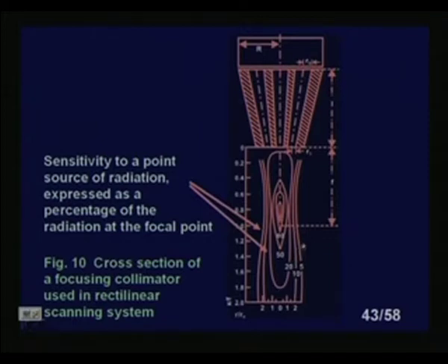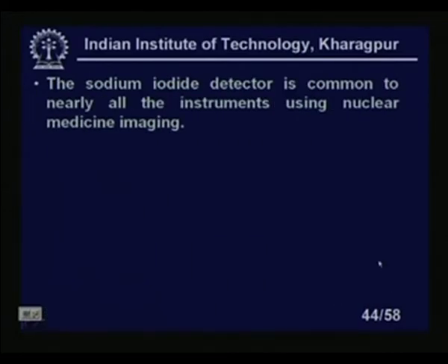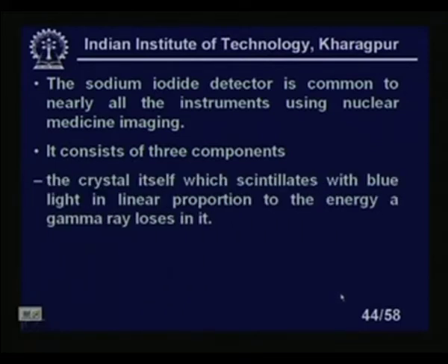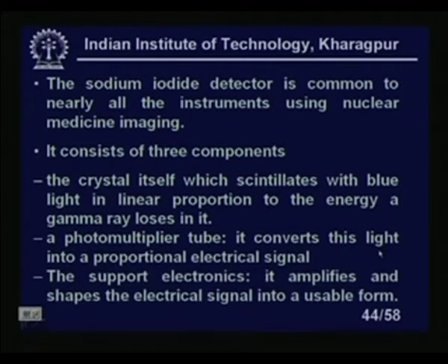The sensitivity to a point source of radiation is expressed as the percentage of the radiation at the focal point, right. The sodium iodide detector is common to nearly all the instruments used in nuclear medicine imaging. It consists of three components: the crystal itself, which scintillates with blue light in linear proportion to the energy of the gamma rays lost in it; a photomultiplier tube, which converts this light into a proportional electric signal; and the support electronics, which amplify and shape the electric signal into a usable form.